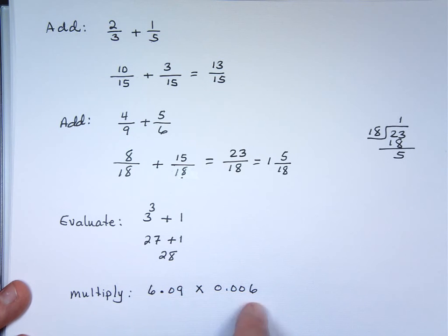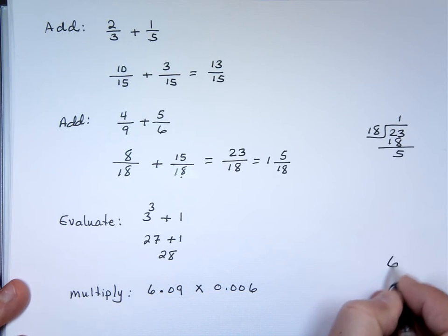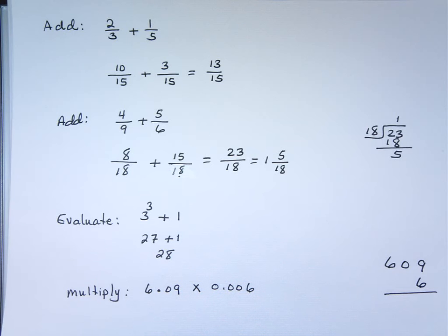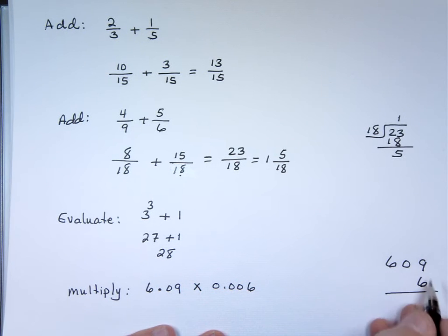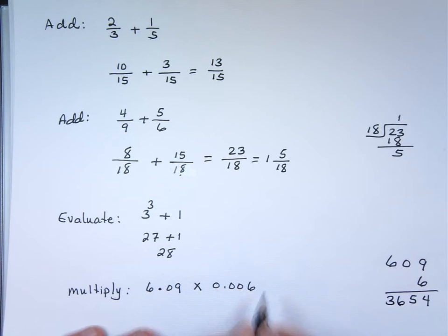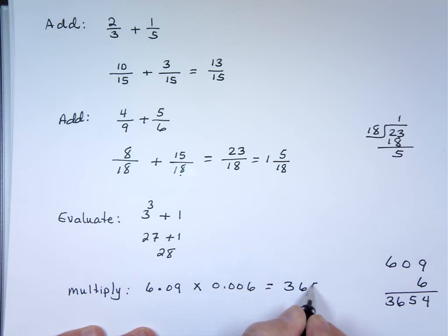If you remember, I said multiply the numbers without the decimal point. 609 times the 6 when you drop all the decimals. What's 6 times 9? 54. 4 carry 5, 6 times 0, 0, plus 5 is 5, and 6 times 6 is 36. So my answer is 3, 6, 5, 4.